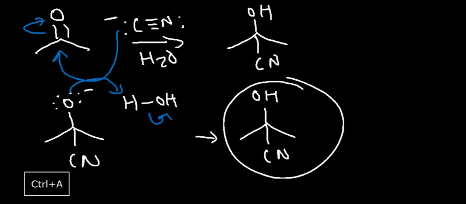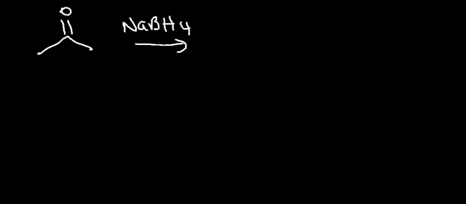So now we're going to go over oxidation and reduction reactions, but we're going to start with reduction reactions first. This is another type of nucleophilic addition reaction. Let's say you add sodium borohydride, NaBH4. It can reduce aldehydes and ketones, and it converts them into alcohols.